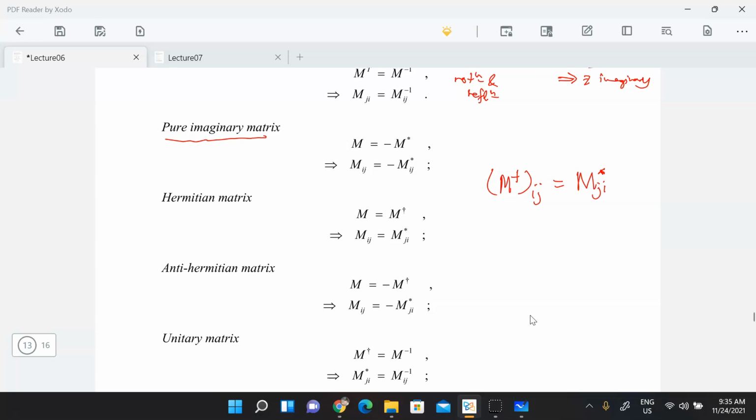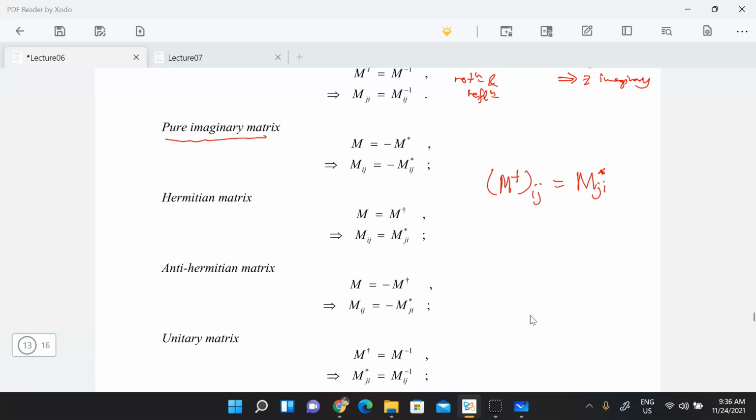Okay, so now if you start to impose the relationship that we had earlier for the case of the real and pure imaginary matrix, so here is the case of M equals M dagger. What does it correspond to in this particular case is that your ijth element of M will be equal to the jith element complex conjugate.